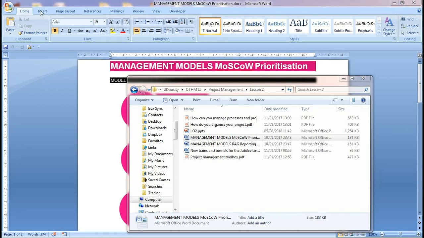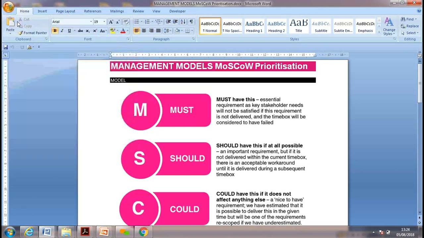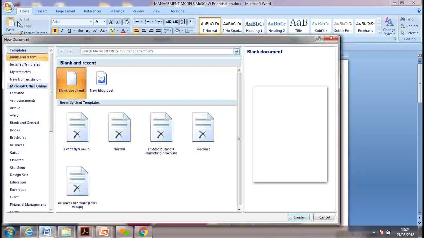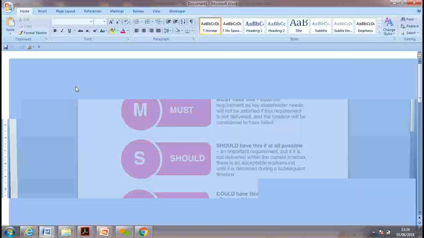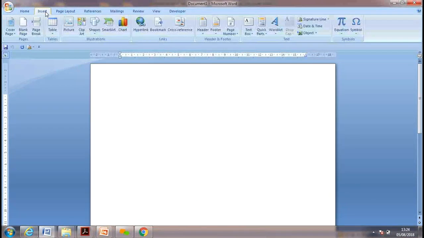A Gantt chart is little boxes: we can say 1 week, 2 weeks, 3 weeks, 4. If you simply want to do a Gantt chart, like you may have seen in different dissertations or reports, for example, I'll insert a table.